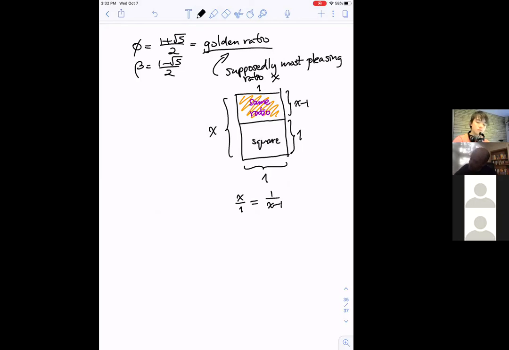We get, sorry, I'm cross multiplying here. x times x minus 1 is equal to 1. x squared minus x equals 1. x squared minus x minus 1 equals 0. We get some kind of a quadratic equation, and that might be the same as what would come out from yours, Theo. I'd have to check.